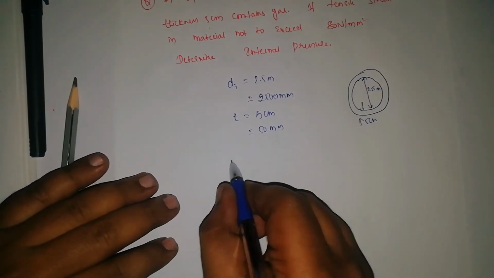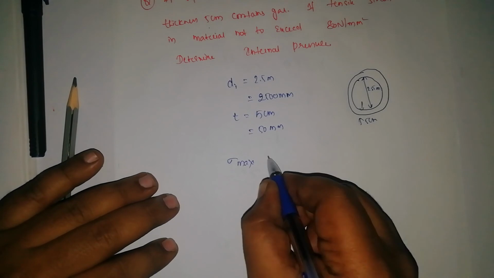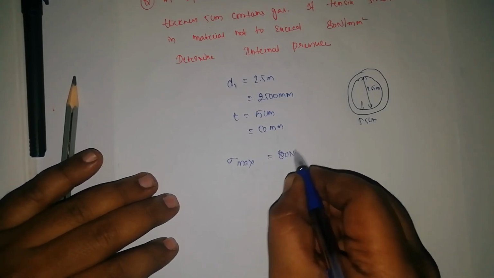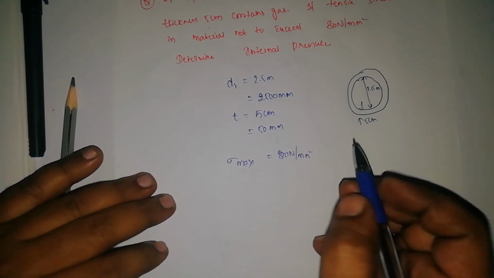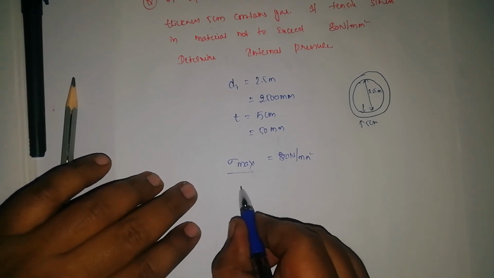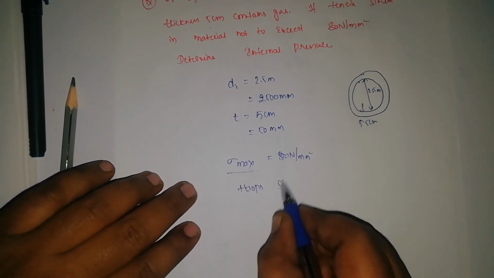Then your sigma max is given as 80 Newton per mm square. Sigma max is nothing but hoop stress. Why?